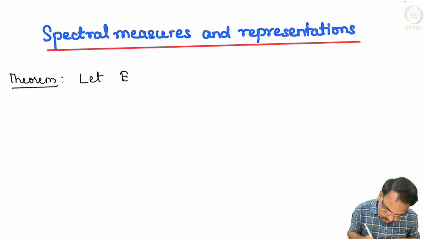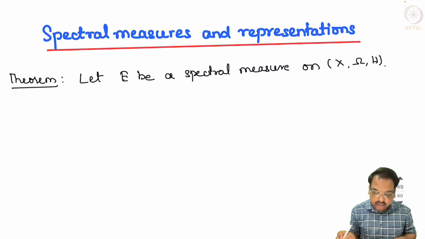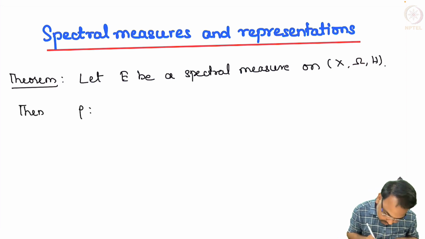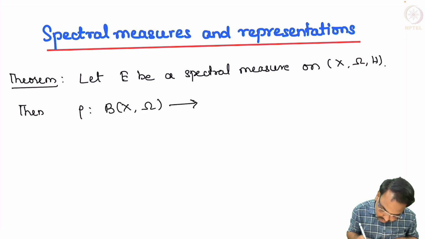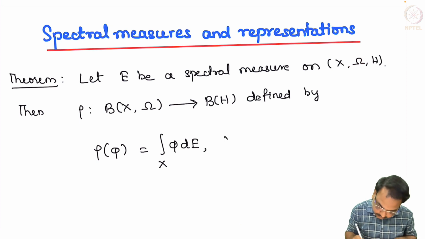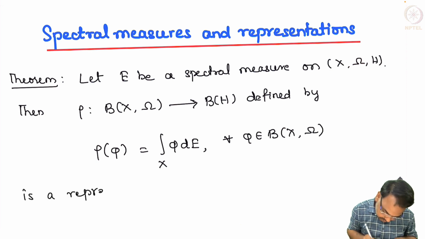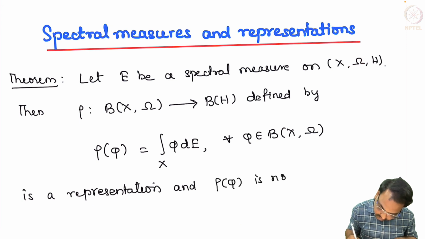Let E be a spectral measure on (X, Ω, H), then the map ρ from B(X, Ω) into B(H) defined by ρ(φ) is the integration over X of φ dE, this is a representation and ρ(φ) is normal for all φ in B(X, Ω).